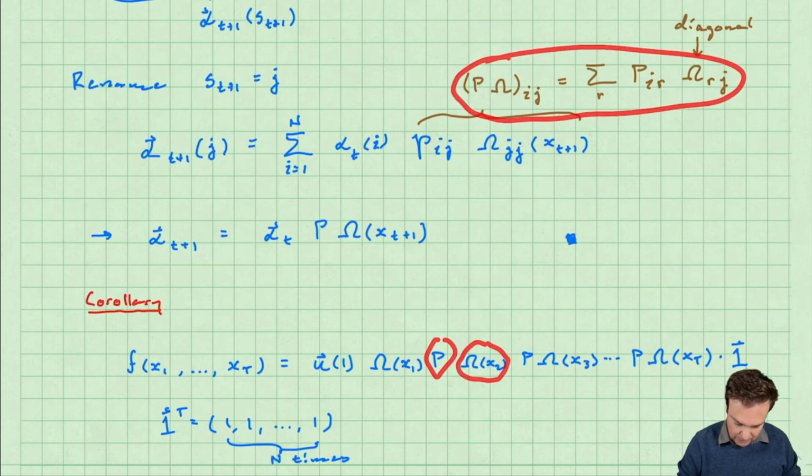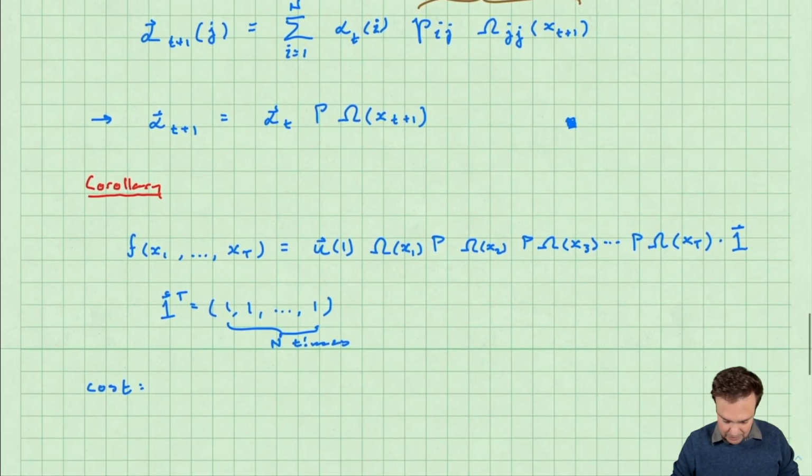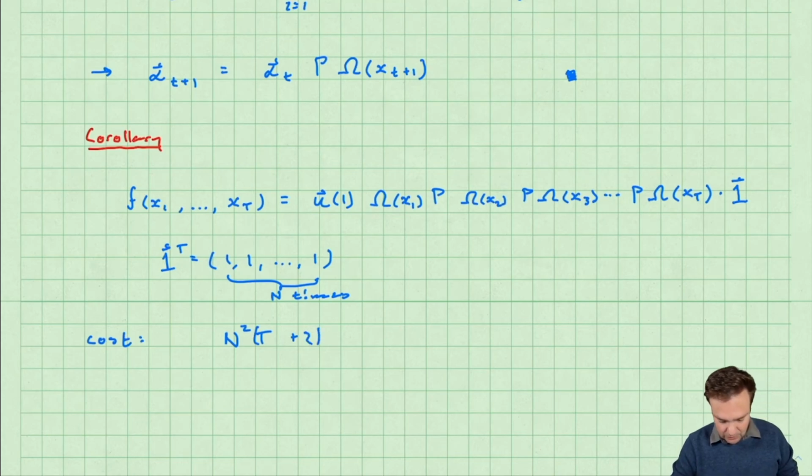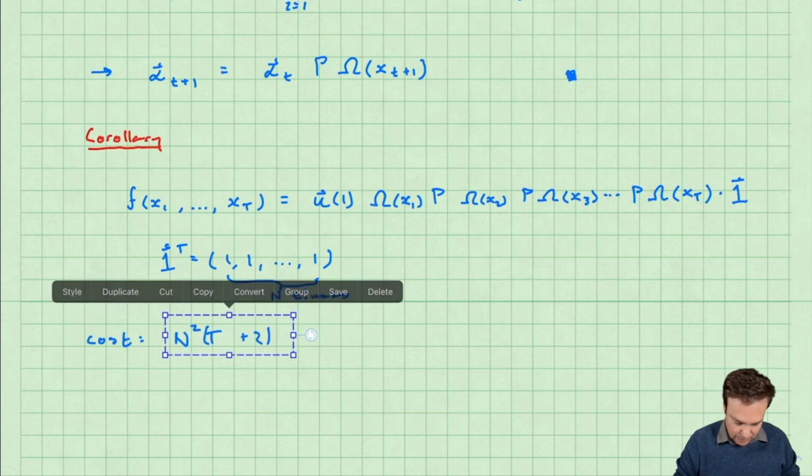We just went through how the calculation works here. So there are n squared different elements you get there, so you get n squared for each of these, and there are t of them. So n squared times t, and then there are these two things on the end as well, which are also n squared. So let's just say plus 2n squared, so n squared times t plus 2. This is much, much cheaper than the brute force method.